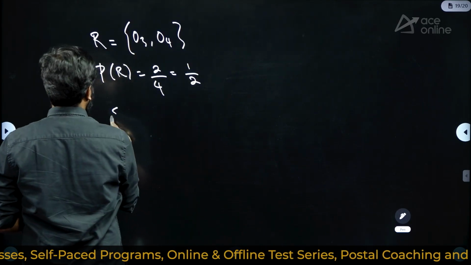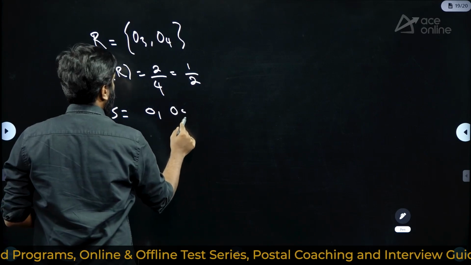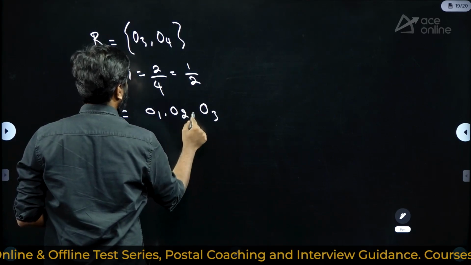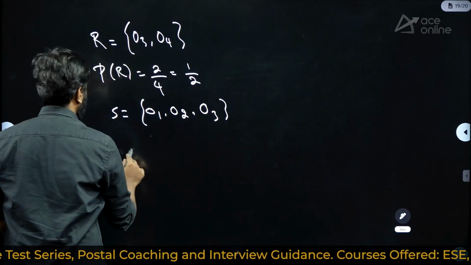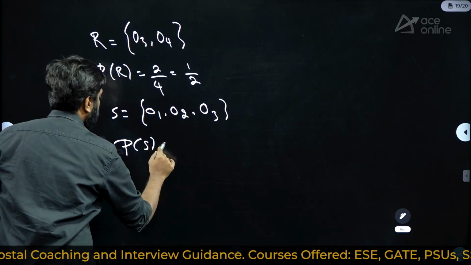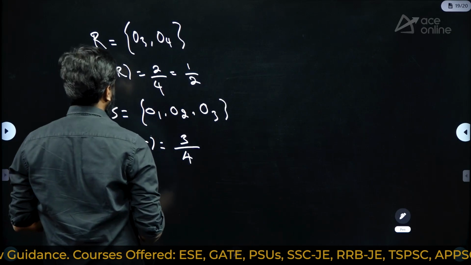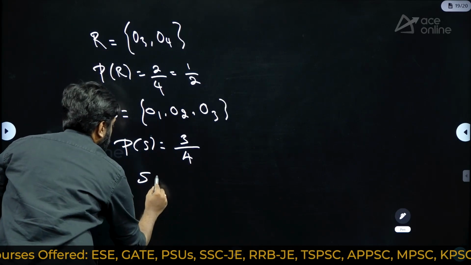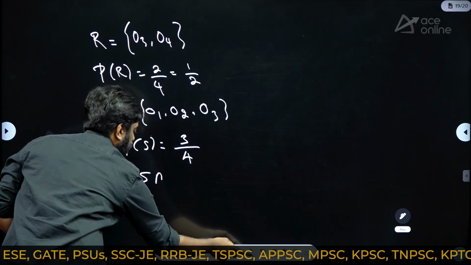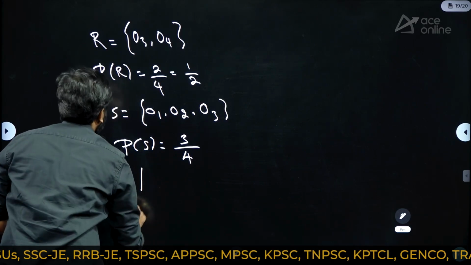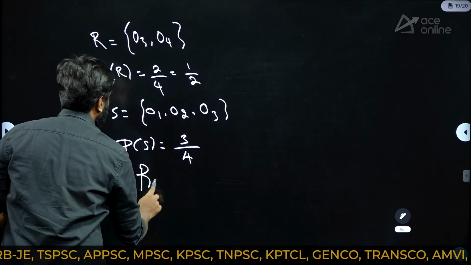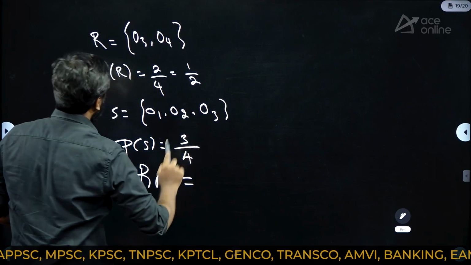S is O1, O2, O3. What is the probability of S? How many points are there? 3. The total is 4, so it's 3 by 4. Now what is their intersection, students? It is R intersection S. What is R intersection S?